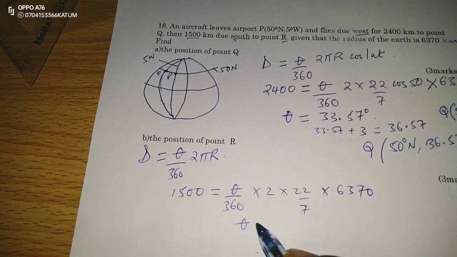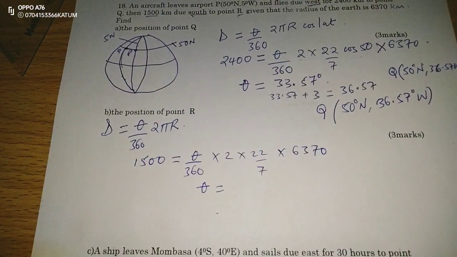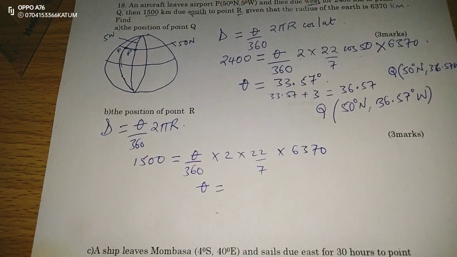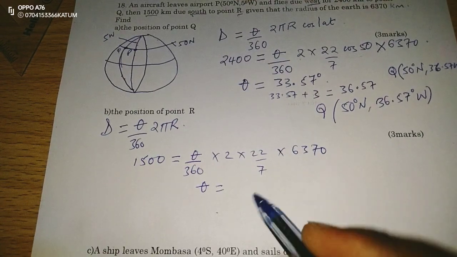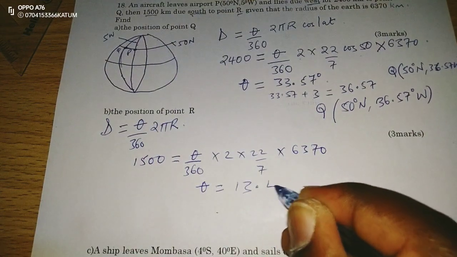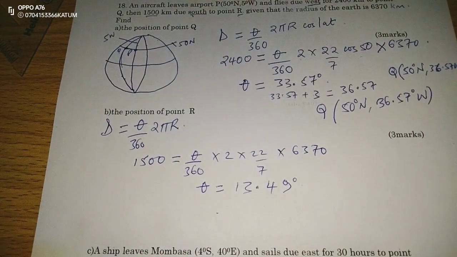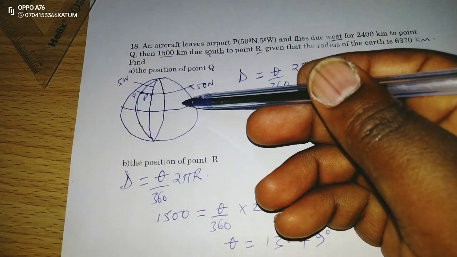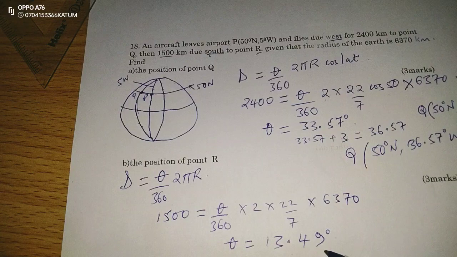To remain with theta, we multiply 1500 with 360 times 7, and divide by 22 times 2 times 6370. So the change in angle is 13.49 degrees. We are moving from latitude 50 southwards through an angle of 13.49.